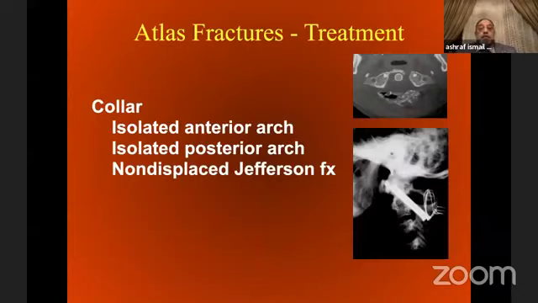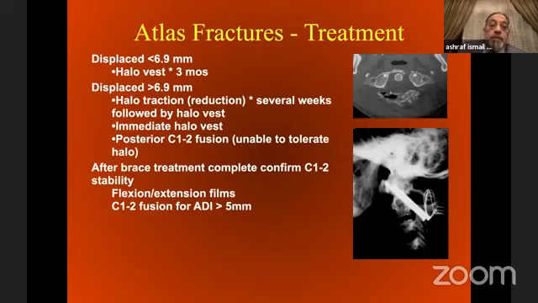As we said, the atlas fracture treatment: an isolated anterior or posterior arch fracture or non-displaced Jefferson fracture is treated by a hard collar, Philadelphia collar or halo vest. If displacement is less than 7 millimeters, it's a halo vest. If it is more than 7 millimeters, a halo traction for reduction, followed by C1-2 fusion.